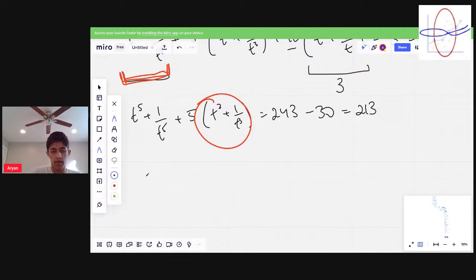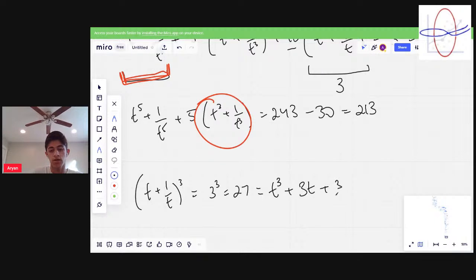And now how can we do that? It's just t plus 1 over t. If I cube this now, we know that's just 3 cubed, which is 27. And if we expand out the left side, we would get t cubed plus 3t plus 3 over t plus 1 over t cubed.